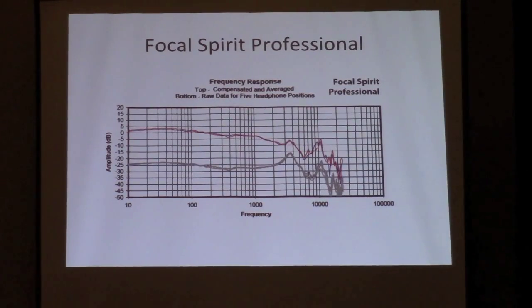So this is something to watch out for in the future, people having a little notch between 6 and 8K. That seems like they're trying to do it sometimes. I don't know that that's the case with Focal. I don't think it was actually, but there you go.